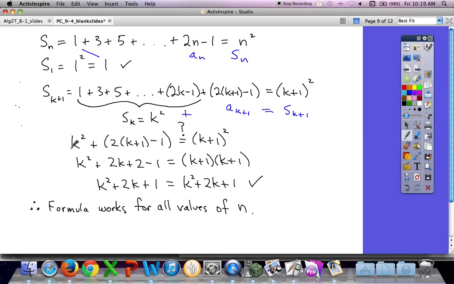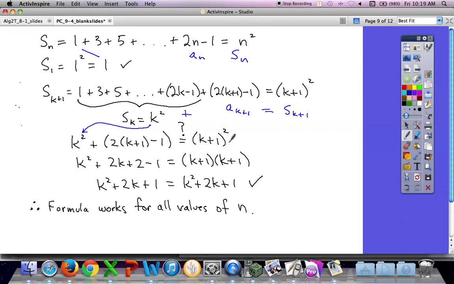That's what all of this is here. The k squared is here. The a sub k plus 1 is what you get when you put a k plus 1 in the place of n. So that's what this is. And the S sub k plus 1 is k plus 1 squared. That's what you get if you put k plus 1 in the place of n there.